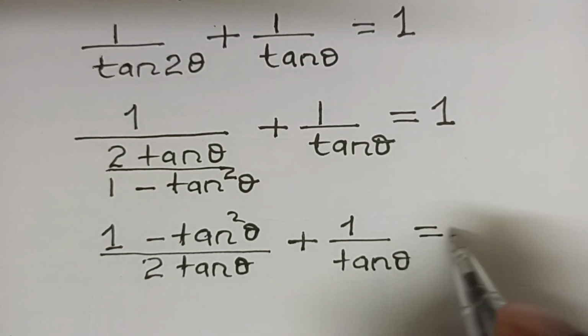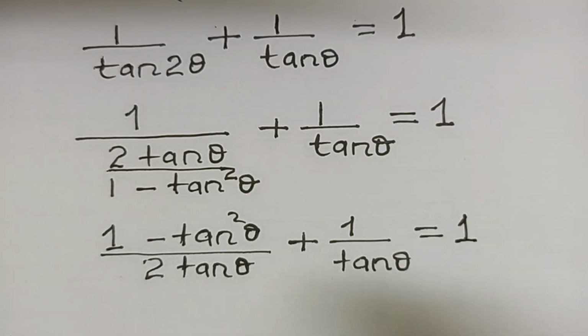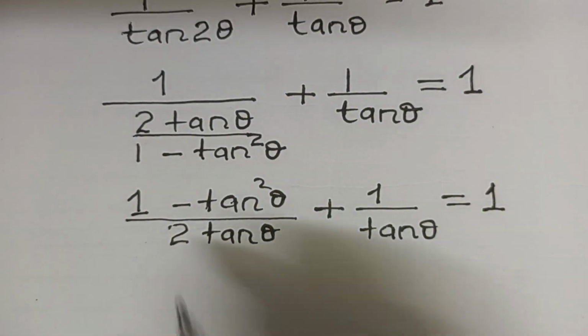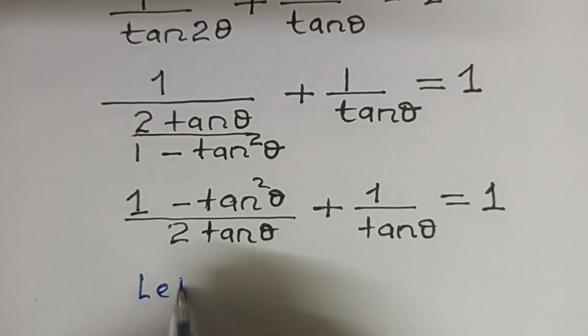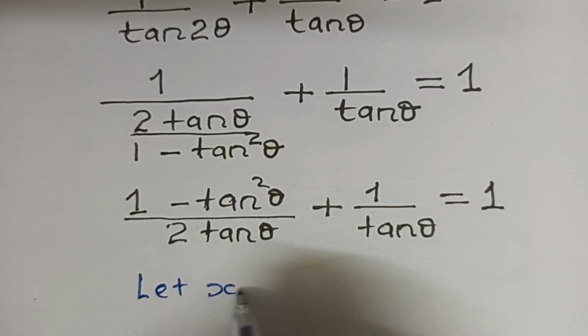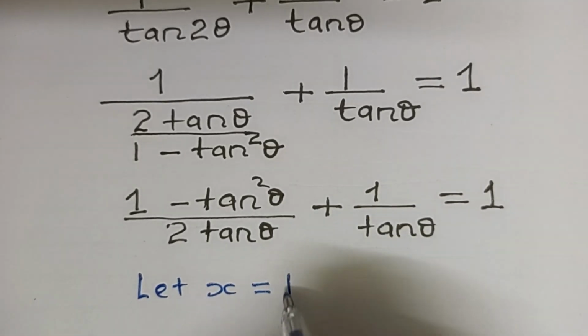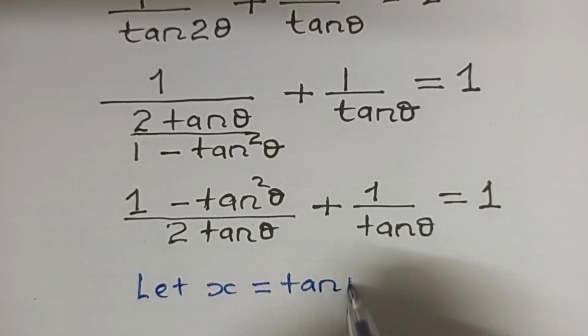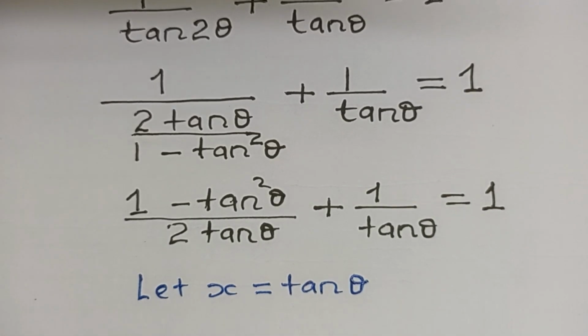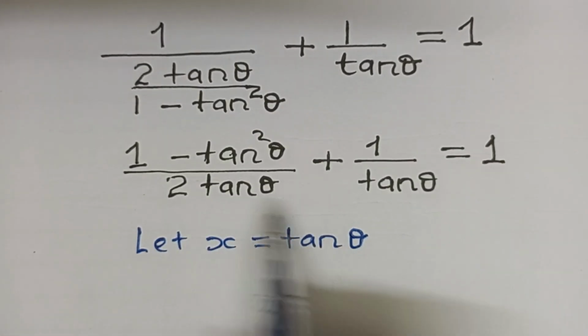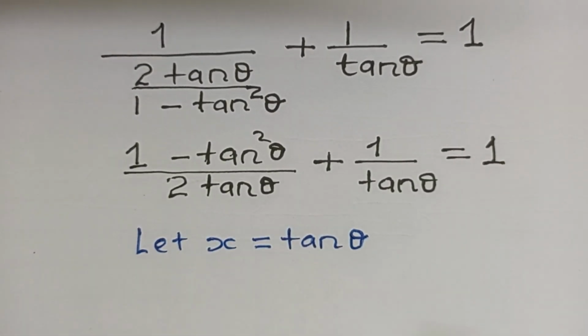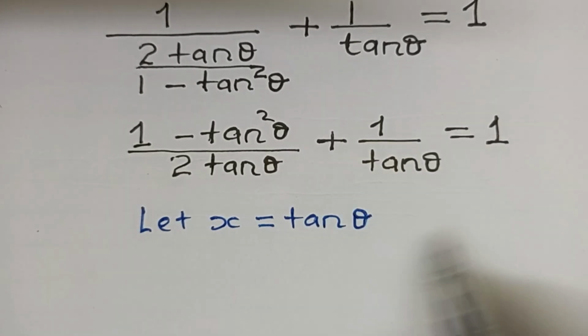This gives us 1. Guys, I can say let x be equal to tan theta. But remember guys, we shall still go back to theta. So now we express all this in terms of x.